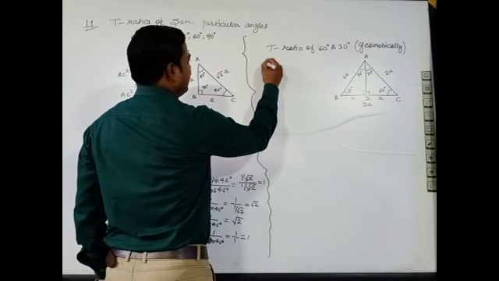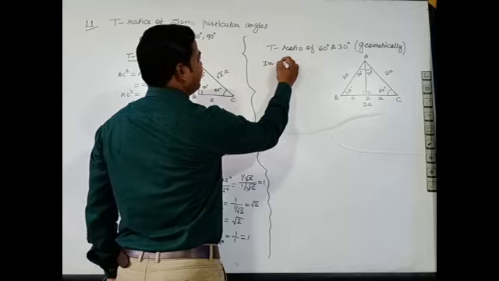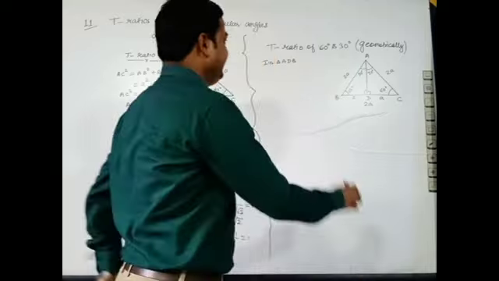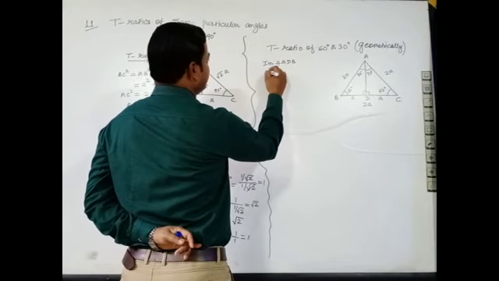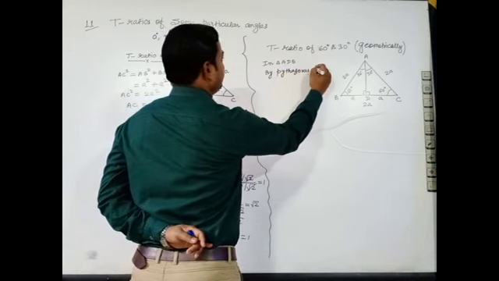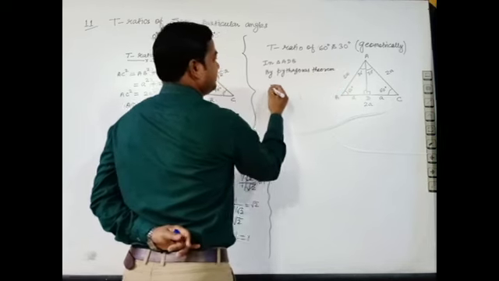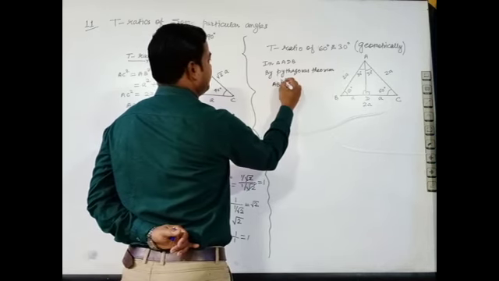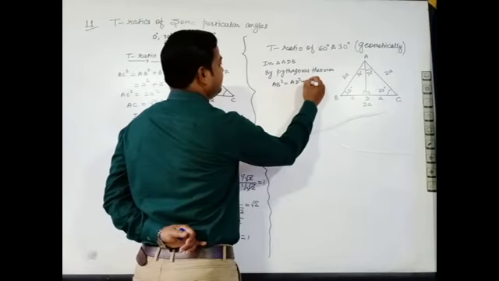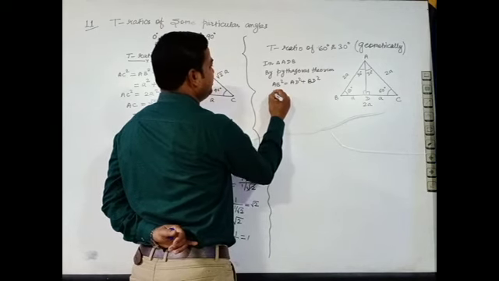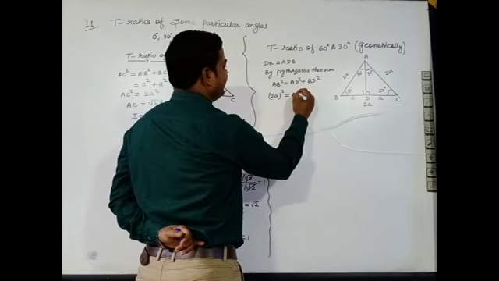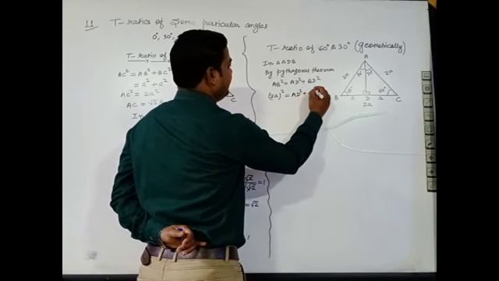In triangle ADB, by using Pythagoras theorem, AB square equals AD square plus BD square. It means 2A whole square is equal to AD square plus A square.